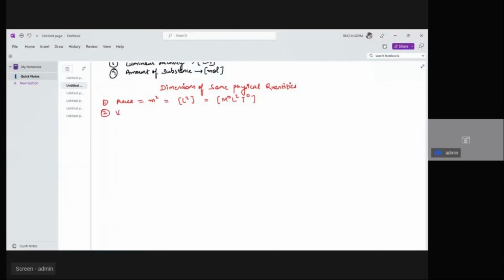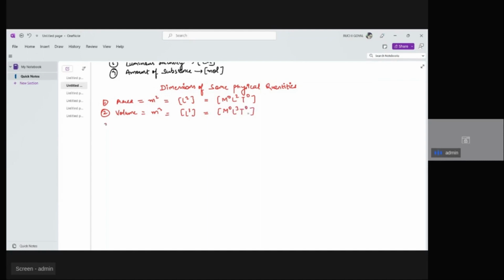Next, we can find volume. Volume is meter cube, that means L3. We can write M0 L3 T0.